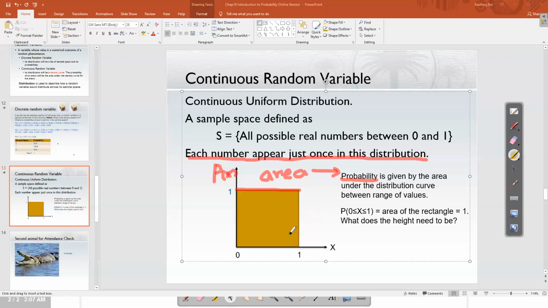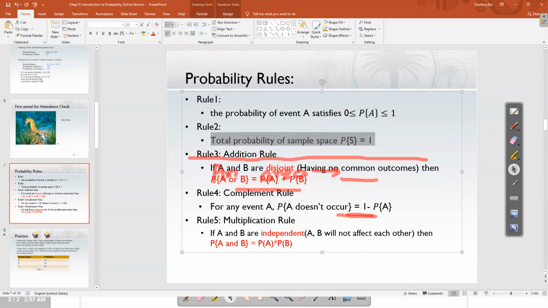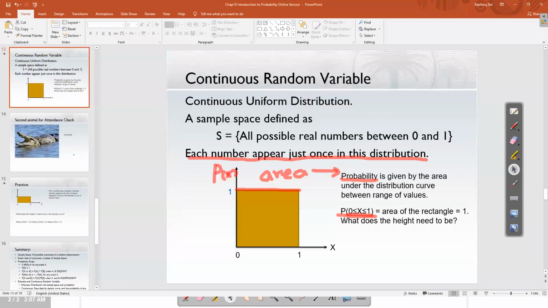And then the sample space is x between 0 and 1, right? By the probability rules we learned earlier, the second rule of probability, the probability of the sample space always needs to equal 1, right? So if we go back to the density curve, the probability of the whole sample space needs to equal 1.